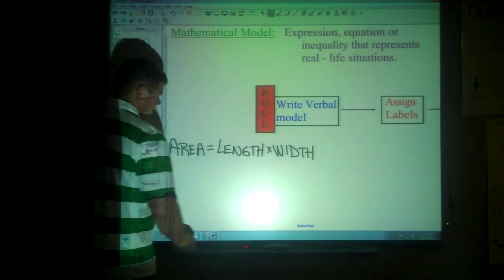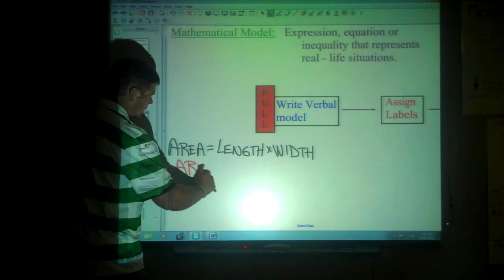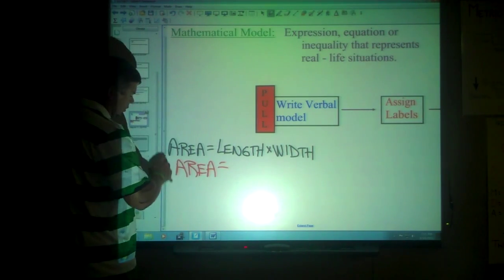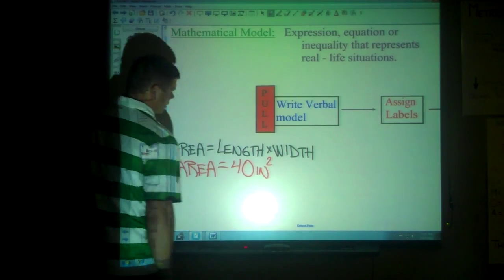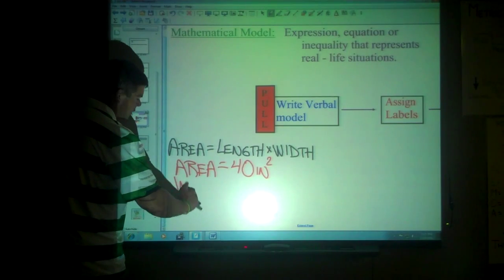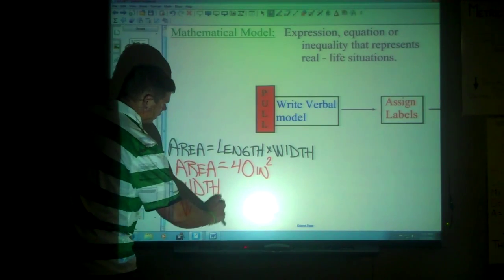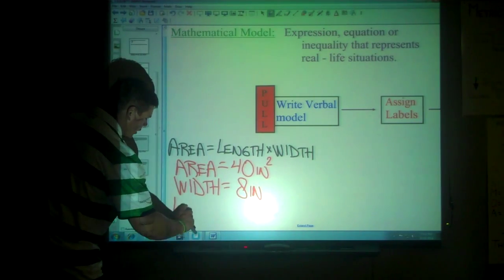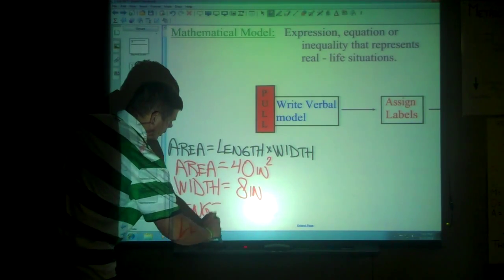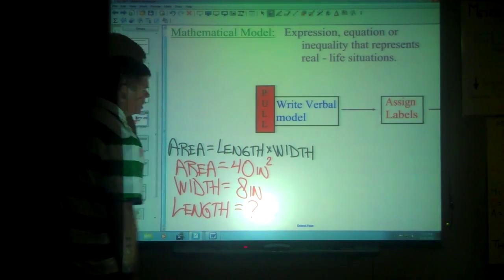So maybe we know the area is equal to 40 inches squared. And maybe we know the width is equal to 8 inches. But what we don't know is the length.